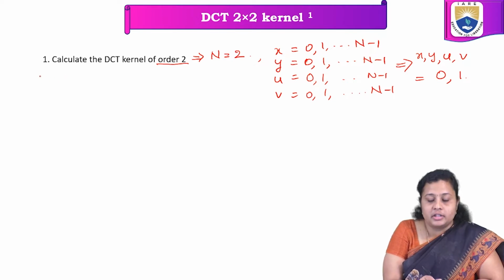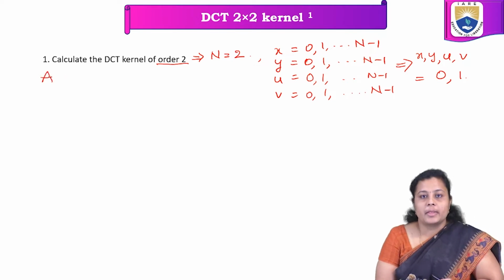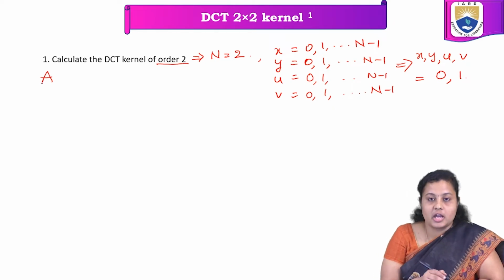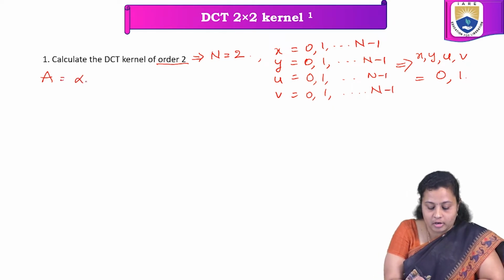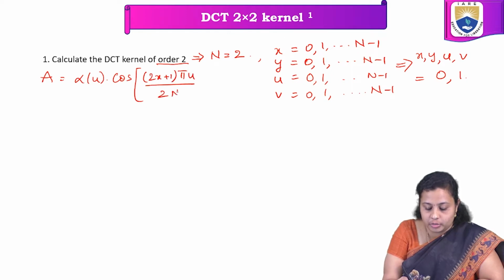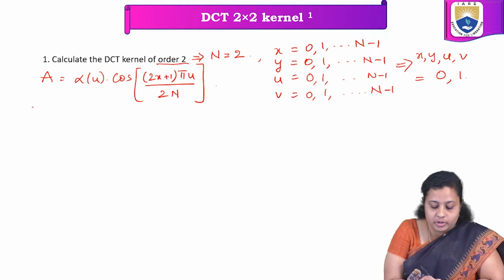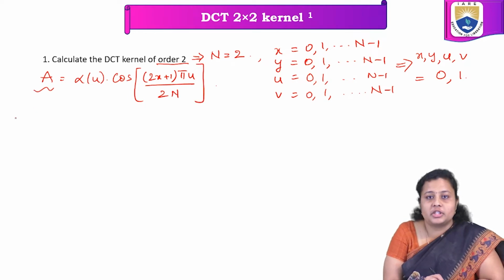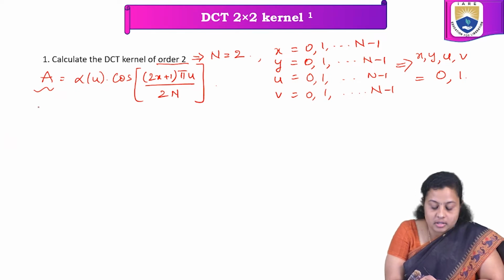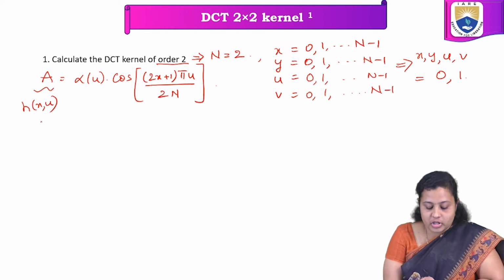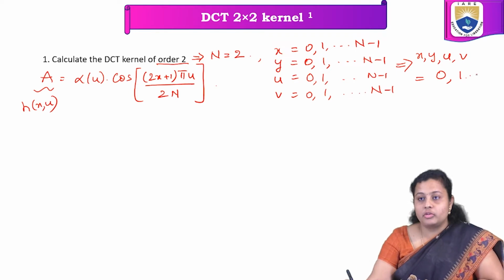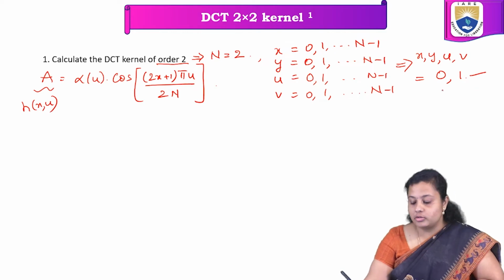Now, let's calculate the matrix A, which I have seen in the previous slide. So, we have A is equal to alpha of u into cos of 2x plus 1 pi u by 2n. Right? So, this is the other way of representing the matrix A, h of x comma u. Now, we have x ranging from 0 to 1 and u ranging from value 0 and 1.